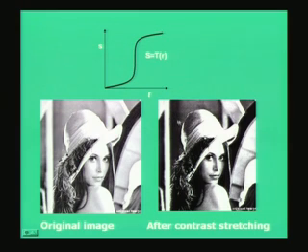You can almost guess that if S equal to T of R is a linear function where S is equal to R, with the slope equal to 1, the output image after contrast stretching will be the same as the original image. However, if you use such a transformation function where darker values are made much darker and brighter values are pushed to a larger brighter range, this is what will happen: dark regions become still darker and brighter regions become very bright. So, that is an example of contrast stretching here, S equal to T of R.